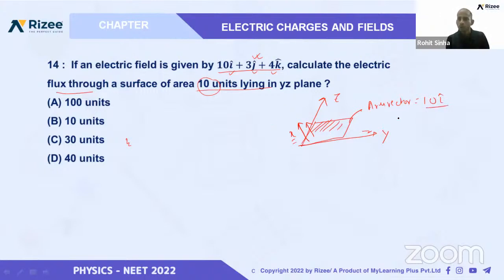Now we got the area vector. We know flux is equal to E dot A, the dot product. So for E, doing dot product with 10 i, you know all, and you will get the answer.